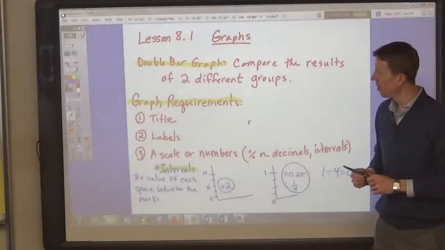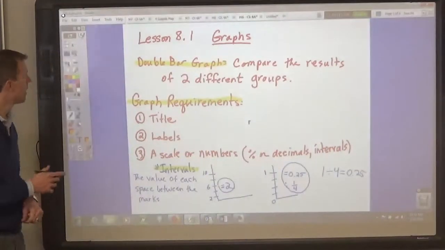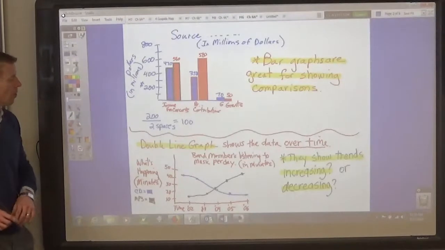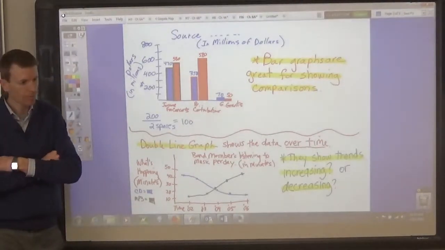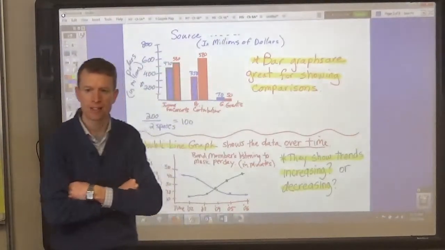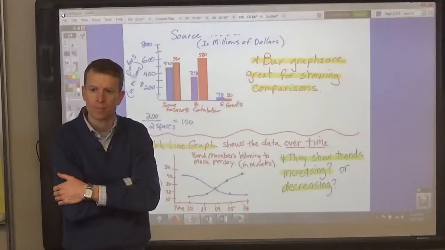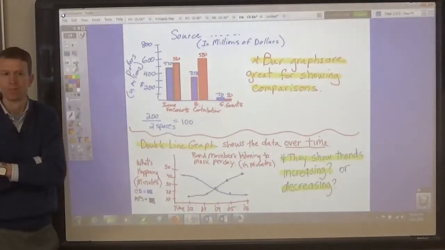So double bar graphs are used to compare specifically two different things over a period of time or whatever. All right. Then the next one we talked about were line graphs and double line graphs. What do double line graphs do? What's the purpose of double line graphs? What are they best for? To compare stuff like money. They compare money.